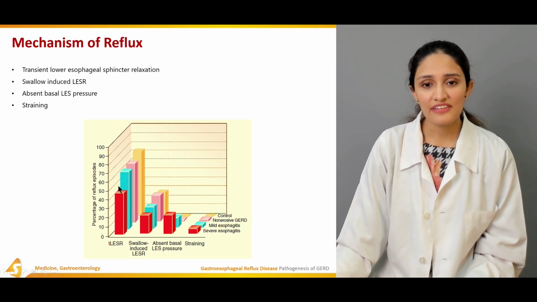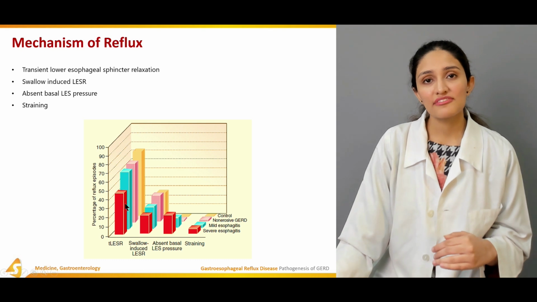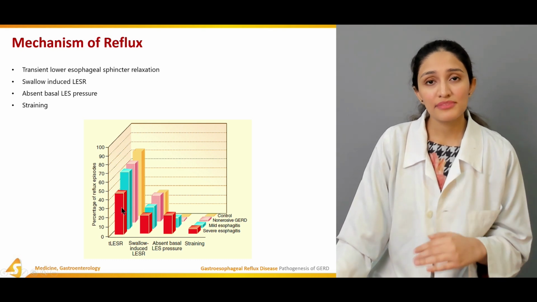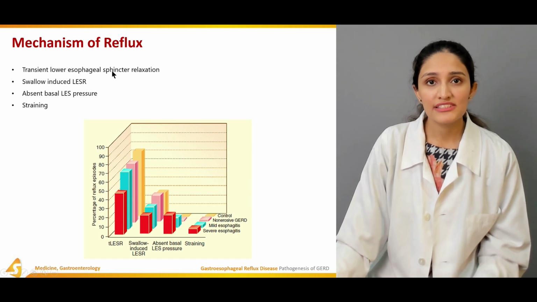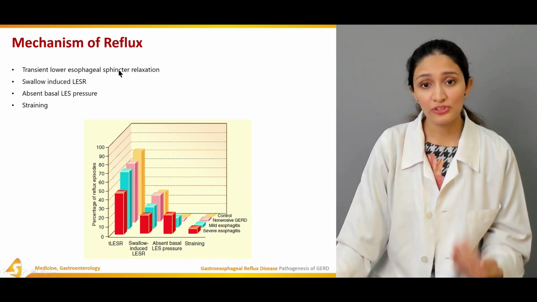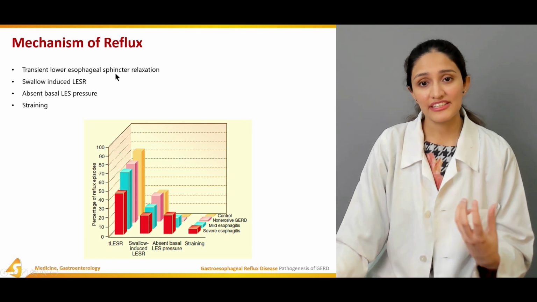If you see in this graph, the percentage of reflux disease is the highest for transient lower esophageal sphincter relaxation. So most of the people who come to the OPD complaining of reflux, it's mostly because of transient lower esophageal sphincter relaxation. It relaxes for a longer period, and reflux occurs.